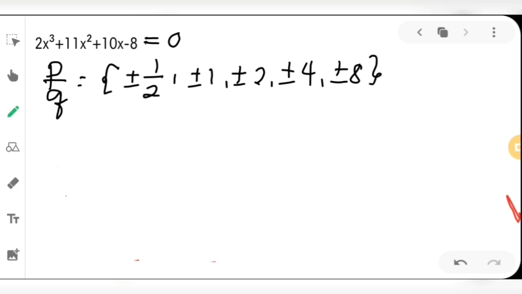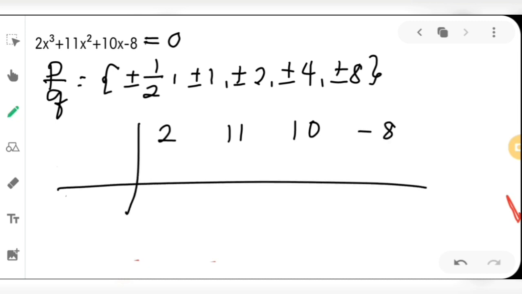Okay, so let us start now with 1/2. So we have 2, 11, 10, negative 8. So let us start with 1/2.